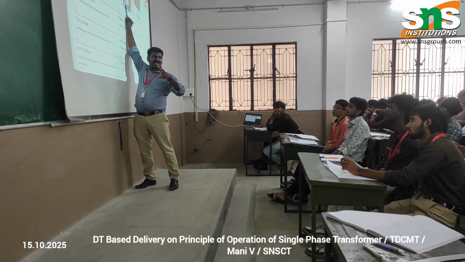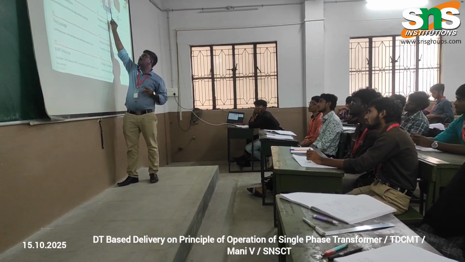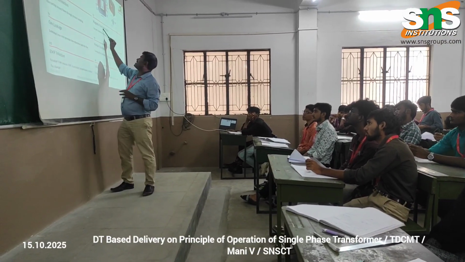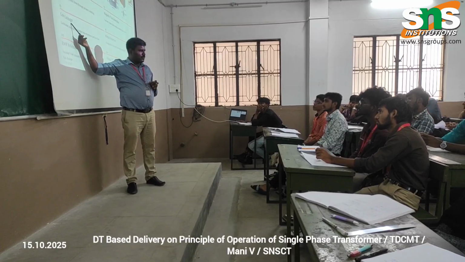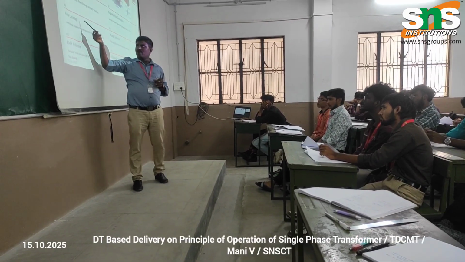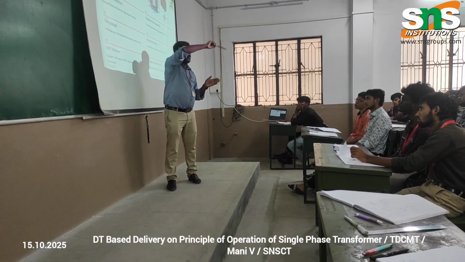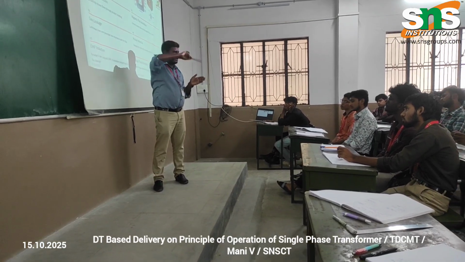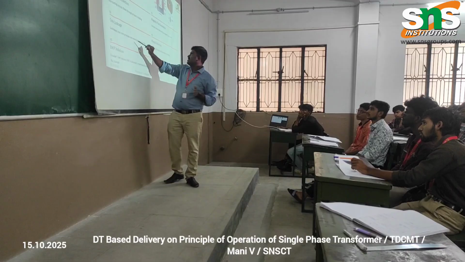So the primary winding is getting excitation, then it starts producing flux, which is nothing but magnetic flux. The produced flux will link with the secondary winding through the transformer core. Because of the AC, it gives alternating magnetic flux in the positive direction and in the negative direction. So the flux is always changing. That is nothing but the change in flux.